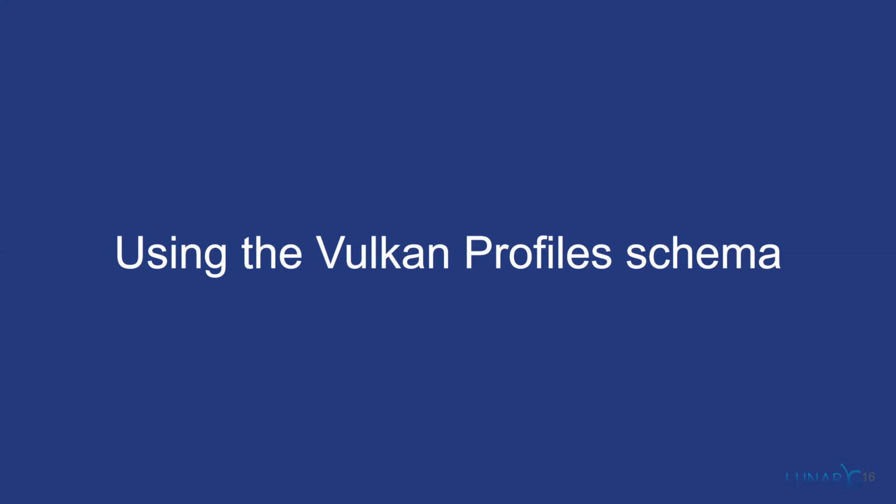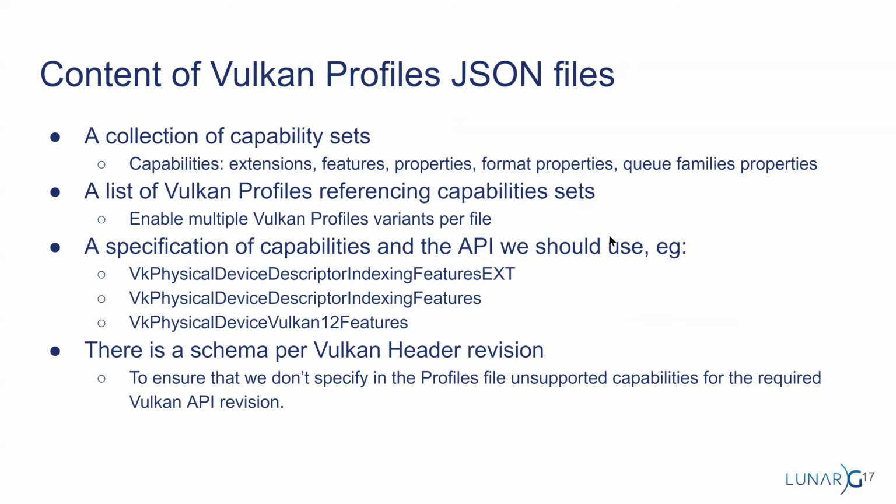So first, the schema. The way the file is described, as I was saying, it represents the capabilities, but there is a part which lists the Vulkan capabilities, and then there is another part which actually specifies the Vulkan profiles themselves. And these two things are separated for one good reason.